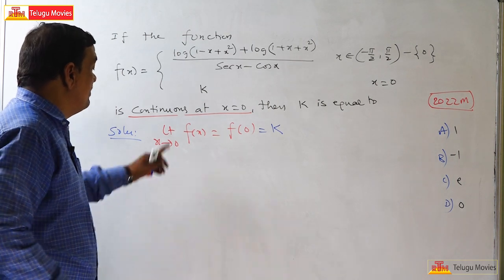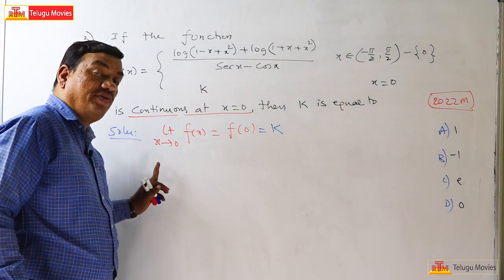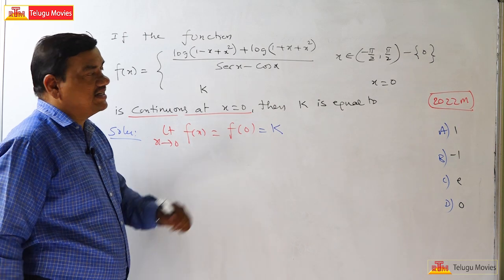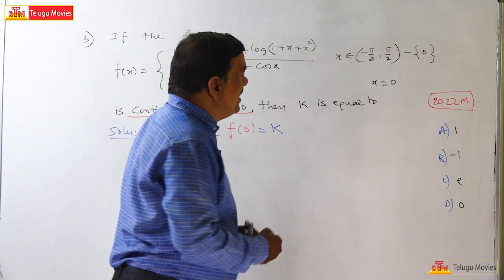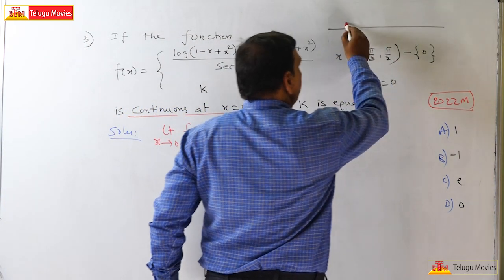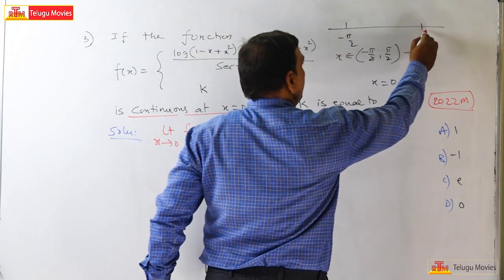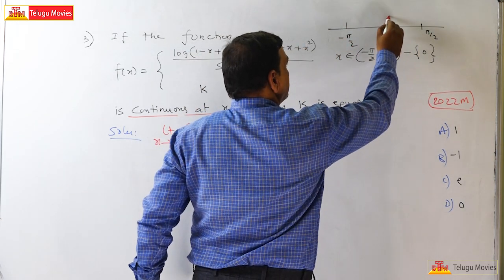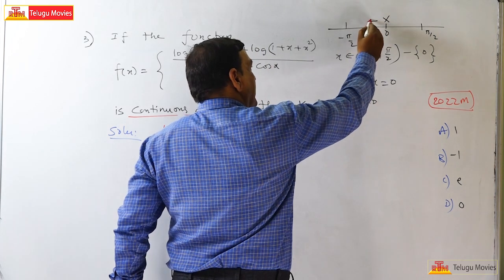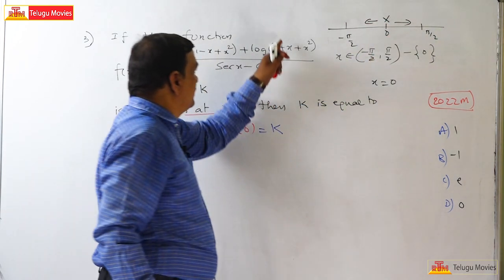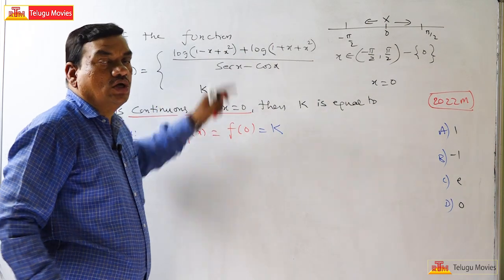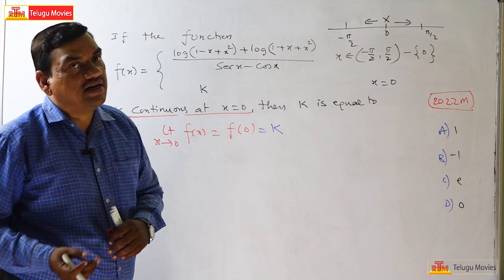Now let us find out the limit x tends to 0 of f of x. Here you have to find both the left hand side limit and the right hand side limit. But here the domain is from minus pi by 2 to plus pi by 2, except 0, and to the left and right of x the function is defined the same. So there is no separate left hand side limit and right hand side limit.